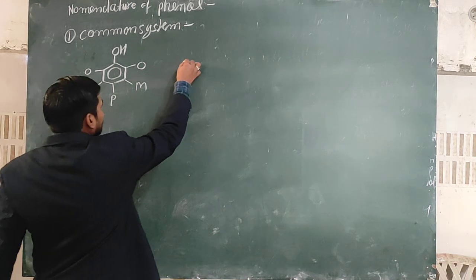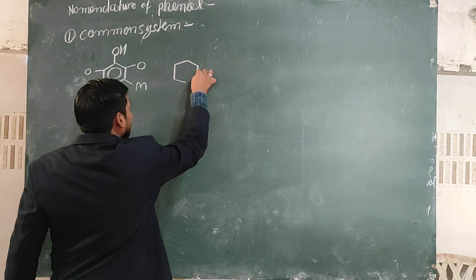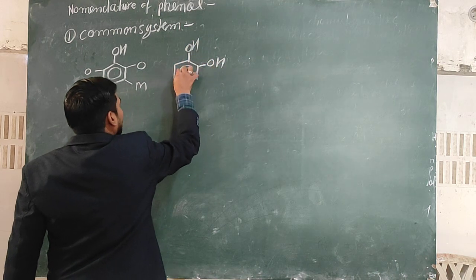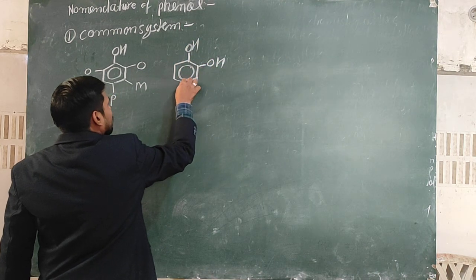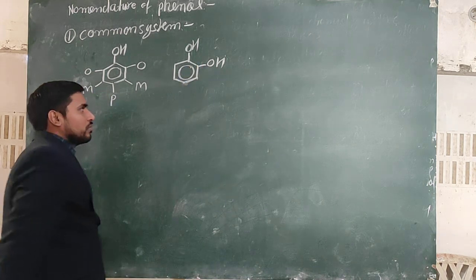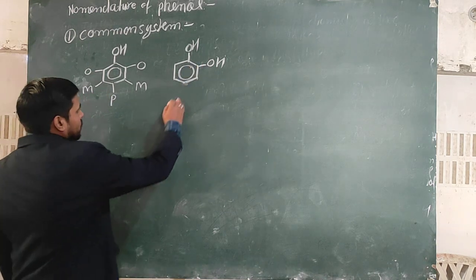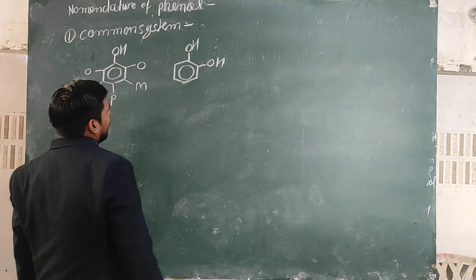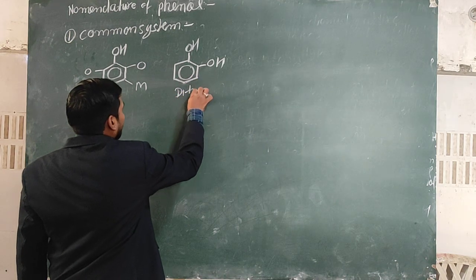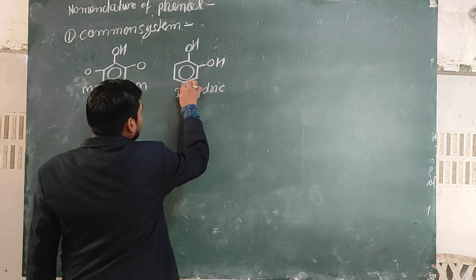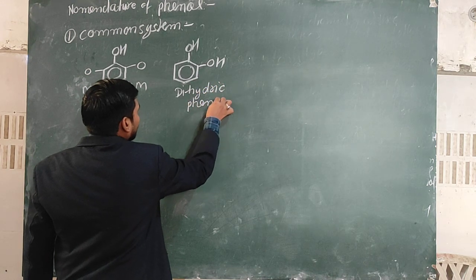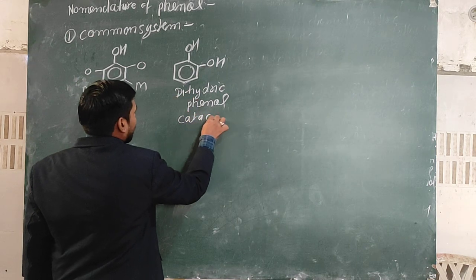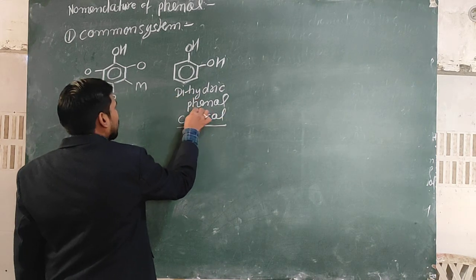If 2 OH groups are directly attached to adjacent carbon atoms, then it is known as dihydric phenol, and it is also known as catechol.